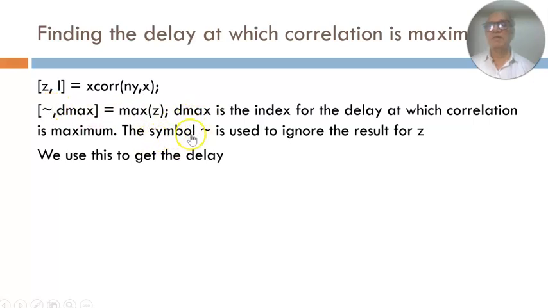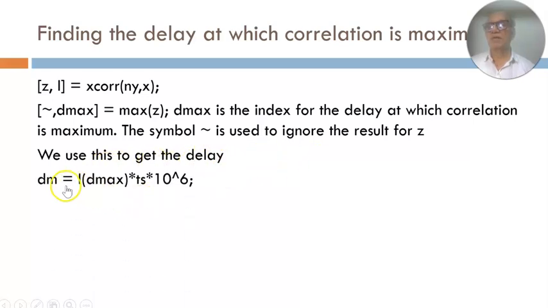This symbol is used to ignore the results for Z. So we are not interested in the values for Z, but we are interested in finding out the index for I at which Z is maximum. So this function actually returns Dmax. So Dmax is the index for the delay at which the correlation is maximum. And as we said, this particular symbol is used to ignore the result for Z. We use this to get the delay.